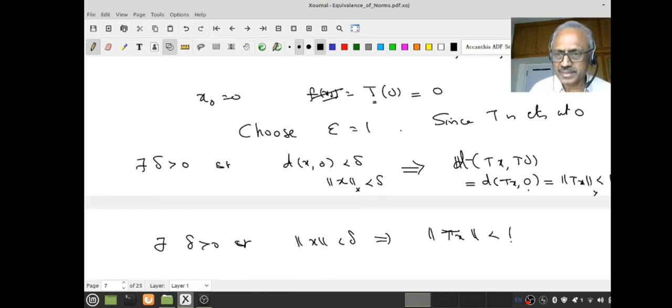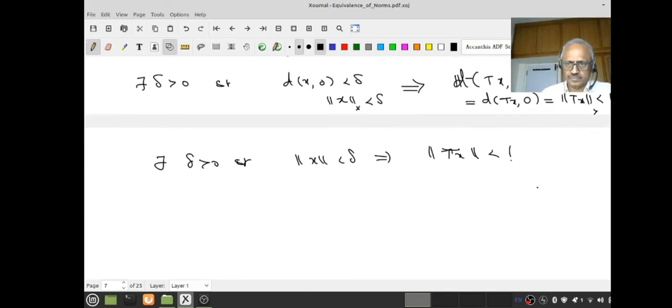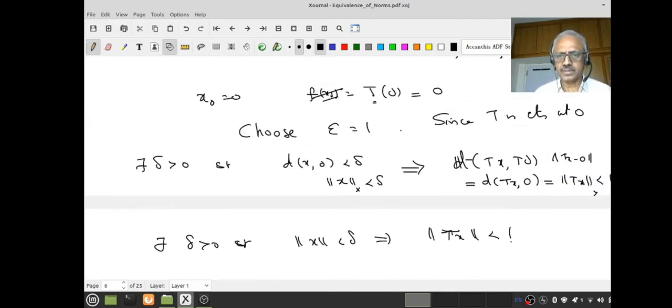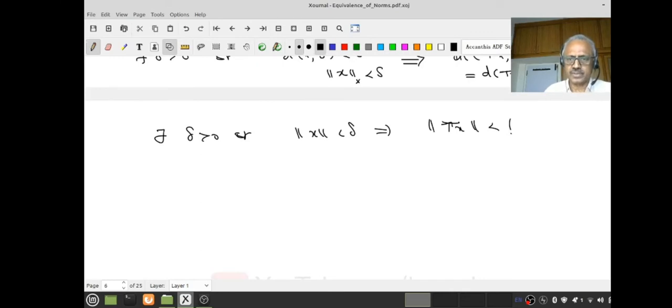In fact, if you notice, I didn't even use linearity, I used only additivity. Let's not worry about that. Do all of you understand this? No problem? Okay, that's good.